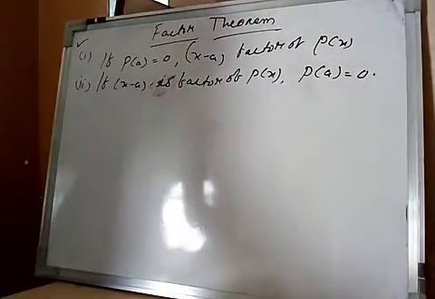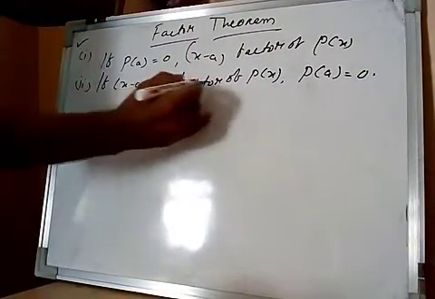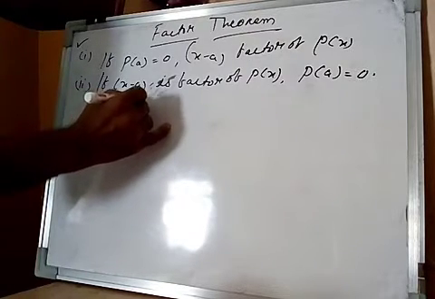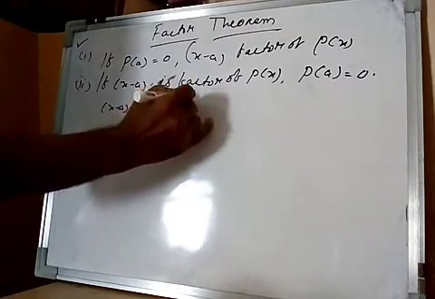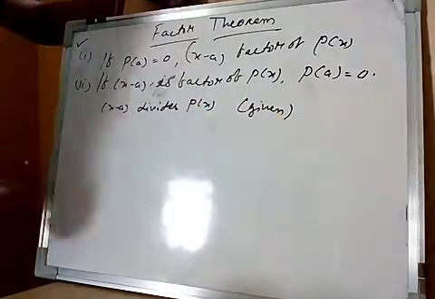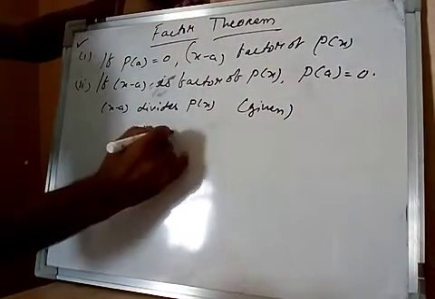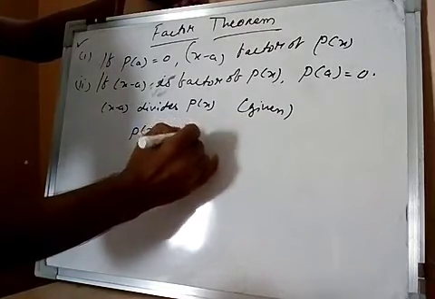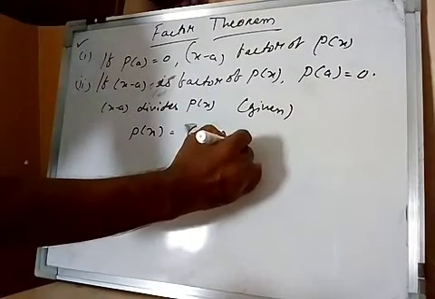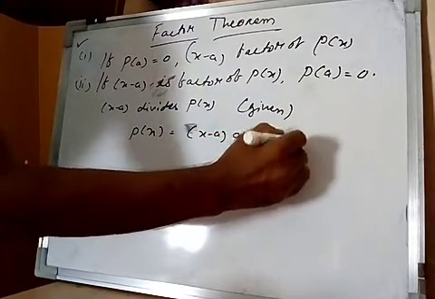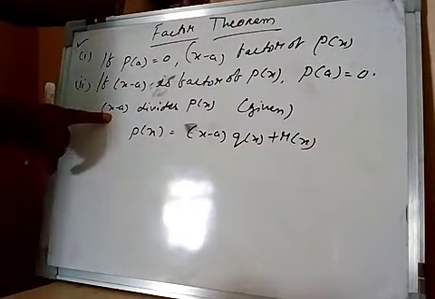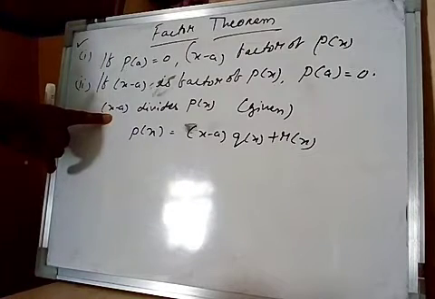Now case number 2. Here x minus a is a factor of px, so we can say x minus a divides px. This is what is given, right? We know px equals x minus a multiplied by qx plus rx. Now x minus a divides px, and the degree is 1, so the remainder will be a constant or less than 1.